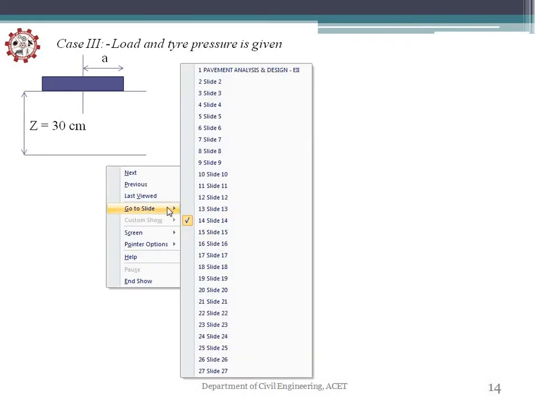After getting that, there is a third case, load and tire pressure is given. So this is your plate. With respect to this, a we need to calculate, and depth is given to us as 30 centimeter in the slide, in the numerical. So let us see.